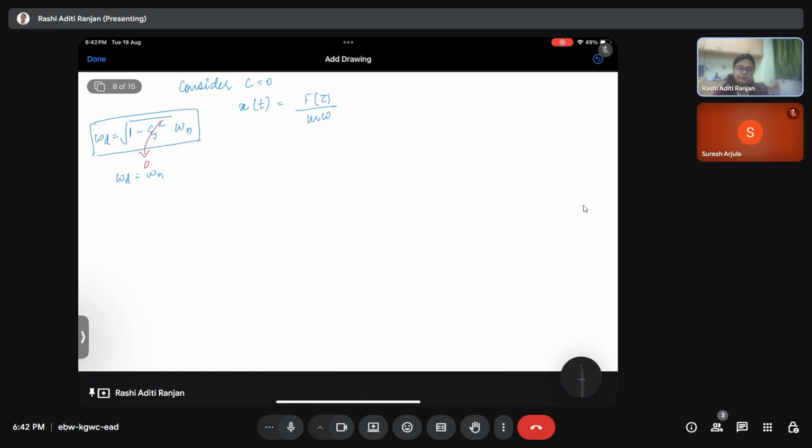omega n. So we have f of tau by m omega n, e to the power minus eta omega n into (t minus tau). Now eta is 0, so e to the power 0 is nothing but 1.